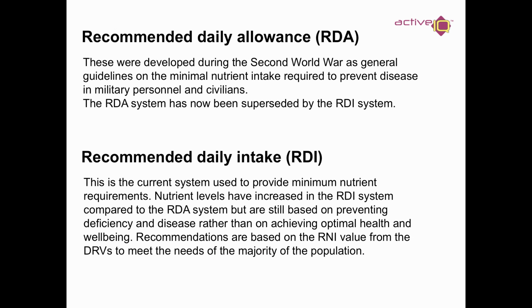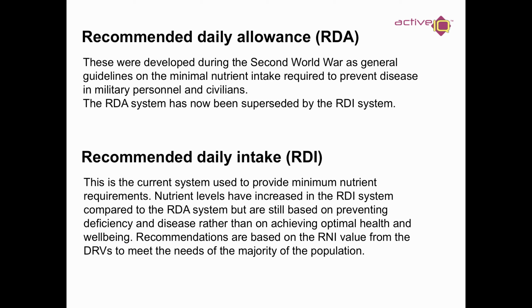The way that we calculate how much macronutrient or micronutrient people should be having is, we used to use something called RDA, and we now use something called RDI. RDA was, and is still known as, though it's not used anymore, recommended daily allowance.